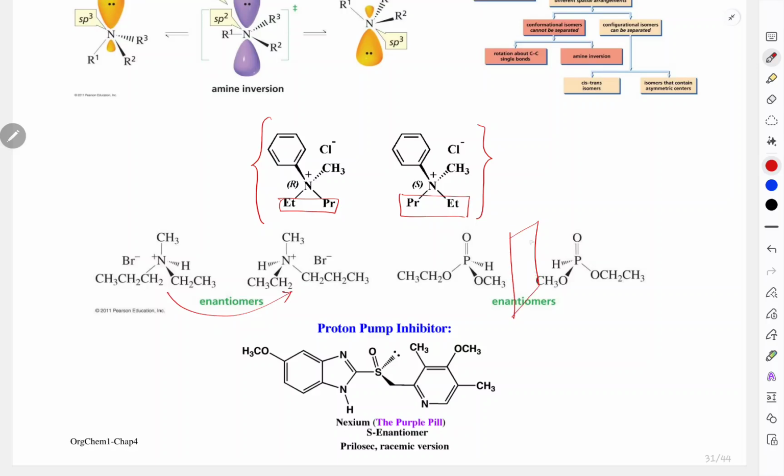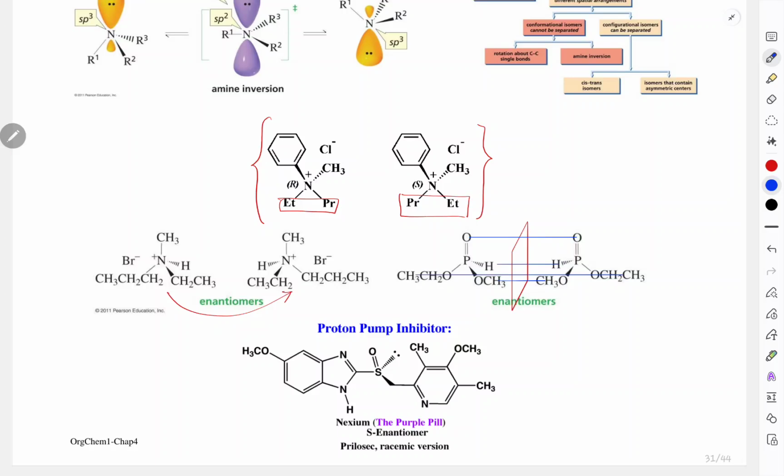Right? What about this one? This is called Nexium, right? The name of this molecule, functioning for the inhibition, right? The proton pump inhibition. And you can perhaps identify 4 different arms, right? And this sulfur site is going to be the asymmetric center.